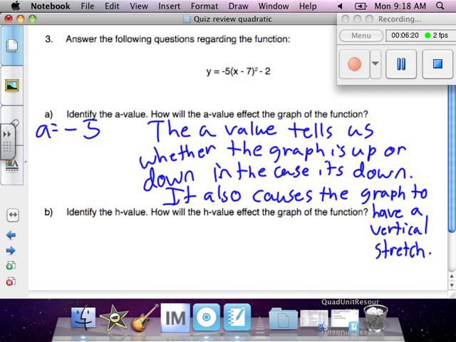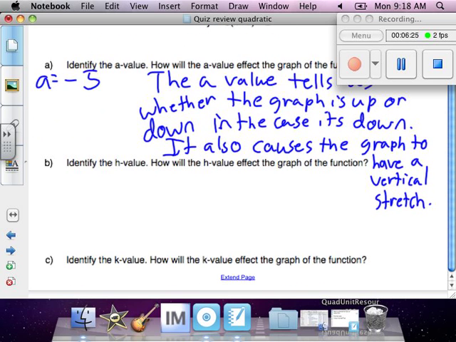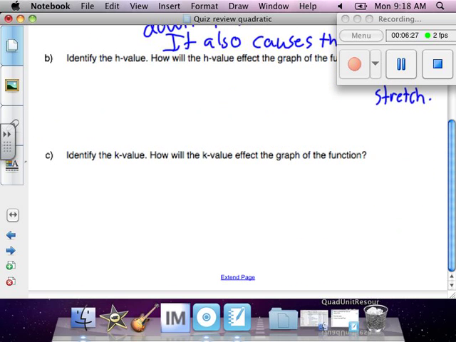Good. All right, let's look at C. What is the K value for this? The K value equals, I heard somebody say it. Say it again. -2. What effect does the K value have on the graph? Our normal graph is y equals x squared.